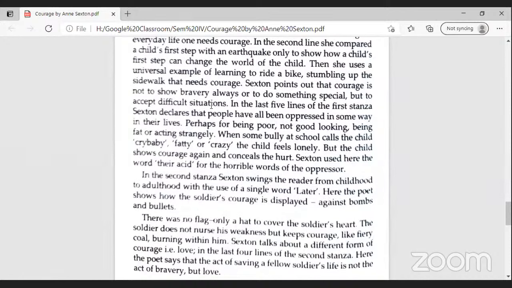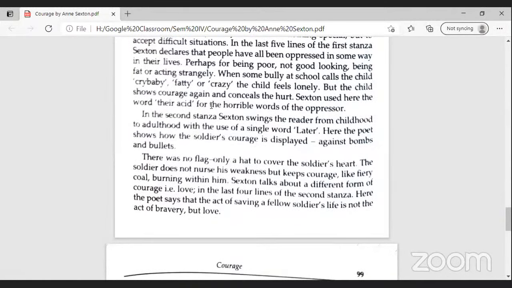When some bully at school calls the child crybaby, fatty, or crazy, the child feels lonely. But the child shows courage again and conceals the heart. Sexton uses here the word acid for the horrible words of the oppressor.